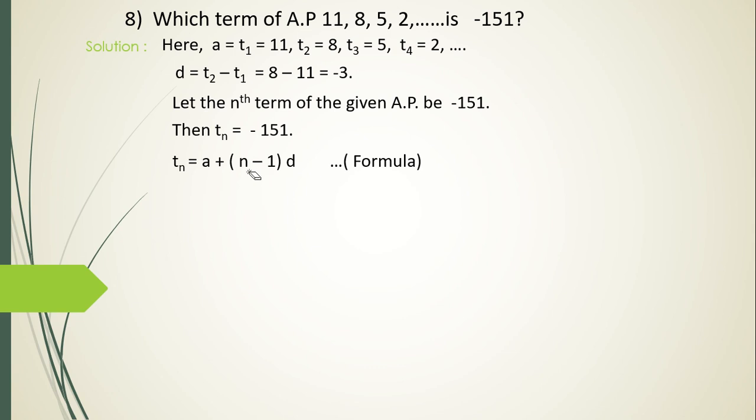So that is minus 151 is 11 plus n minus 1 into minus 3. Don't leave this minus sign, otherwise the answer will go wrong.